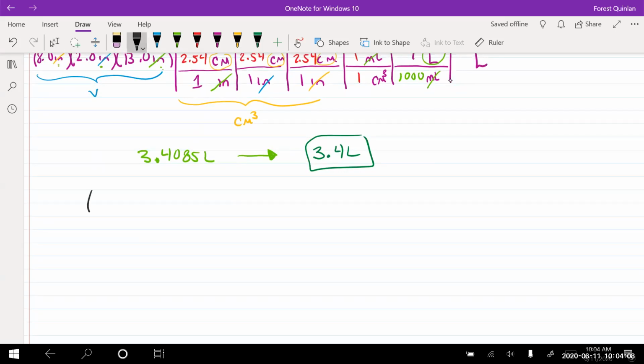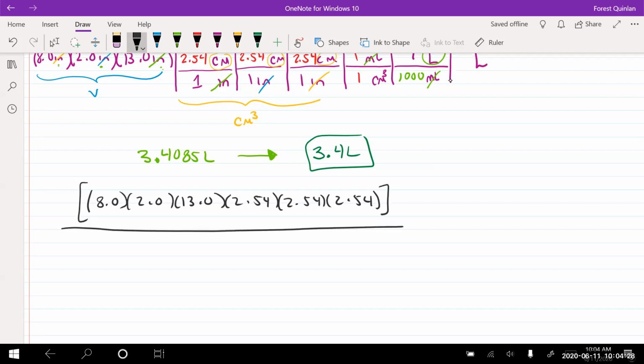So basically this is 8.0, and let me get a big bracket here. 8.0 times 2.0 times 13.0 times 2.0. Yeah, that's what I was missing. I didn't have the 8, the 2, or the 13. Okay. And I'm going to leave out all the ones if you guys are okay with that. And I'm dividing that by 1,000. Okay, that makes sense. Thank you.